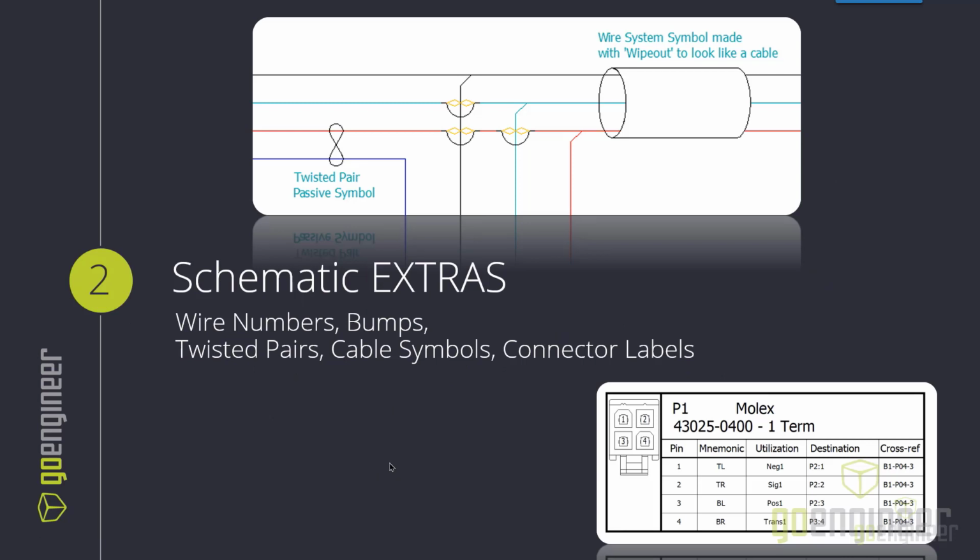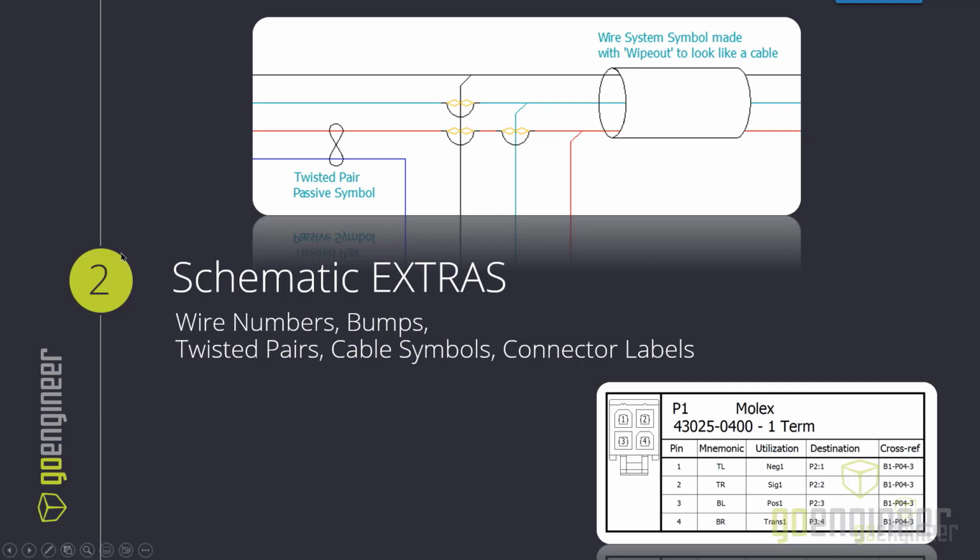This is a quick preview slide of some of the items that you can add to a schematic, again for the transmission of information. So we'll get into wire numbers, bumps, that type of stuff, and I'll even talk about the nodal indicator there.